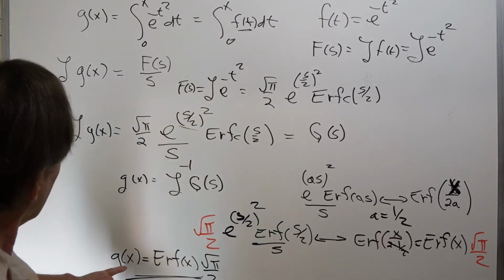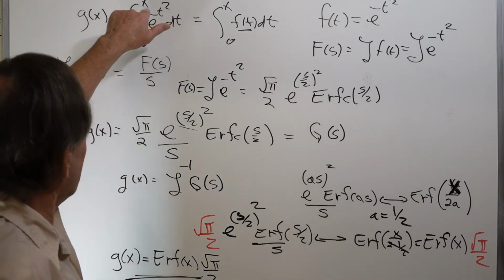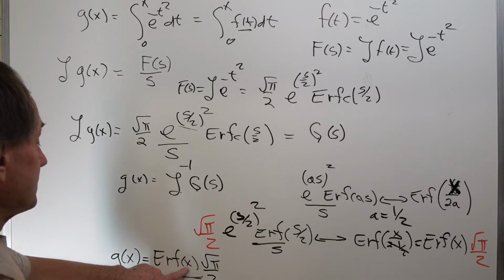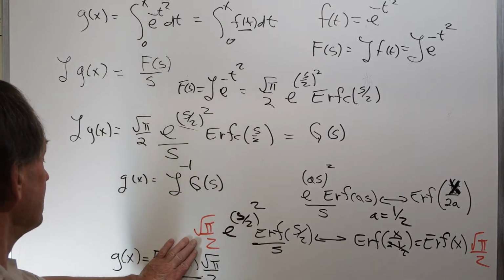And again, as we take x to infinity to get the improper integral, the error function of x as x goes to infinity is equal to 1. So that just becomes 1.